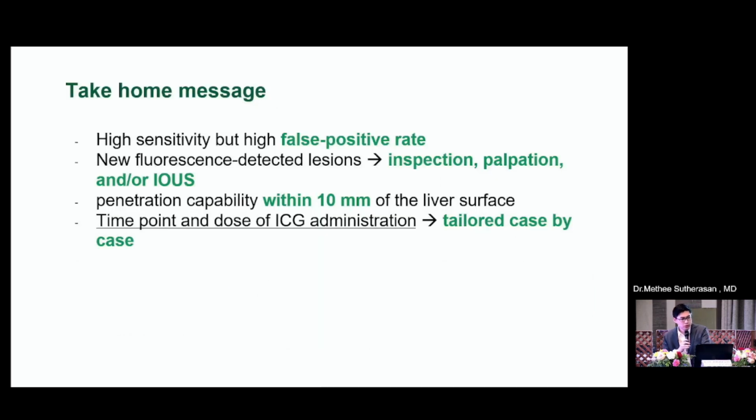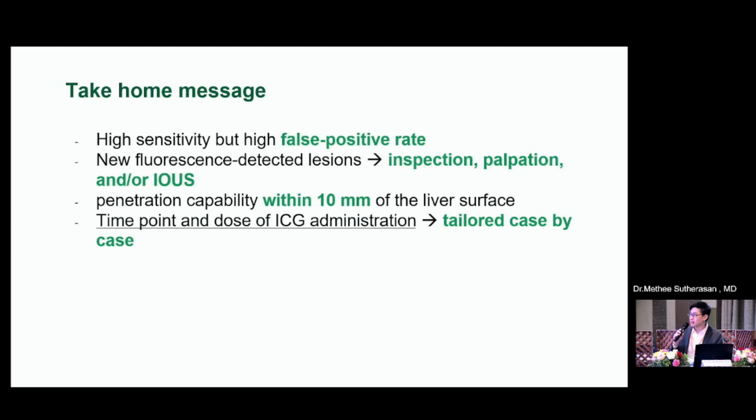So my conclusion is that ICG in liver surgery, especially in tumor detection, has very high sensitivity, but also a high false positive rate. So for a newly ICG-detected lesion, we should use inspection, palpation, and intraoperative ultrasound to confirm whether there is a tumor or not.